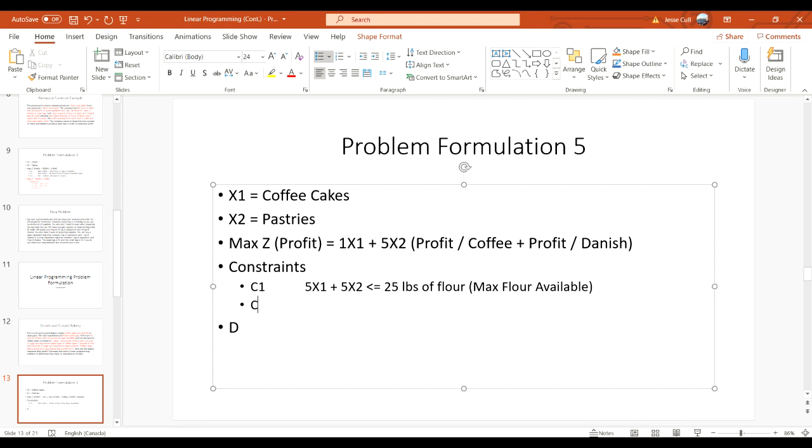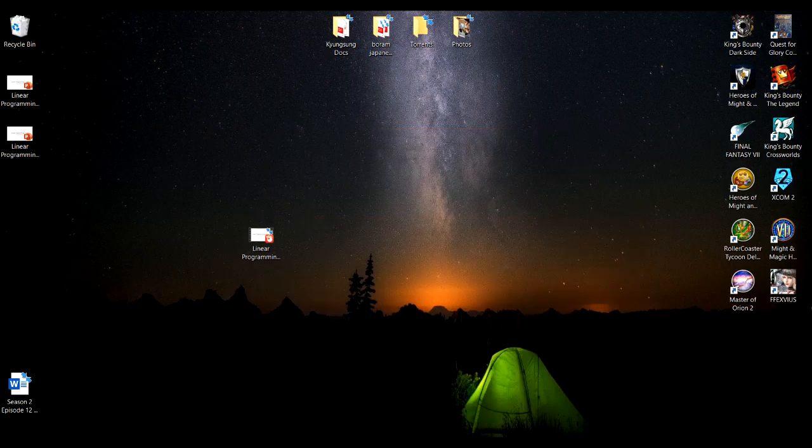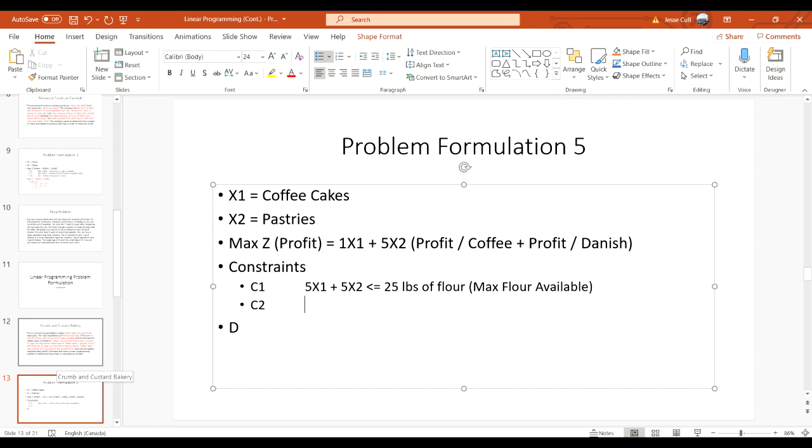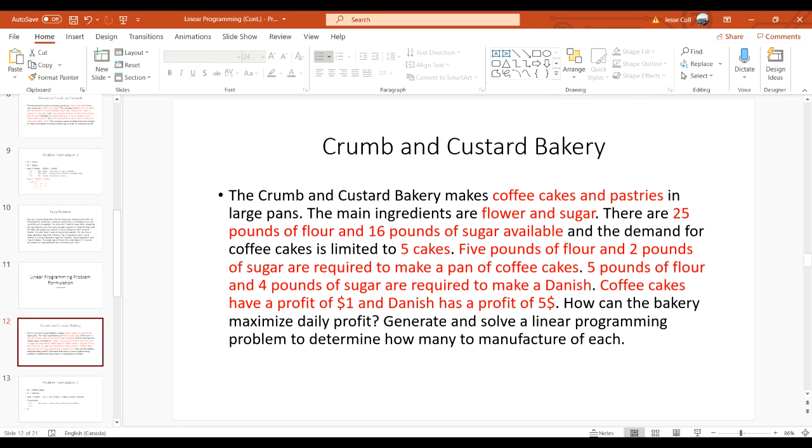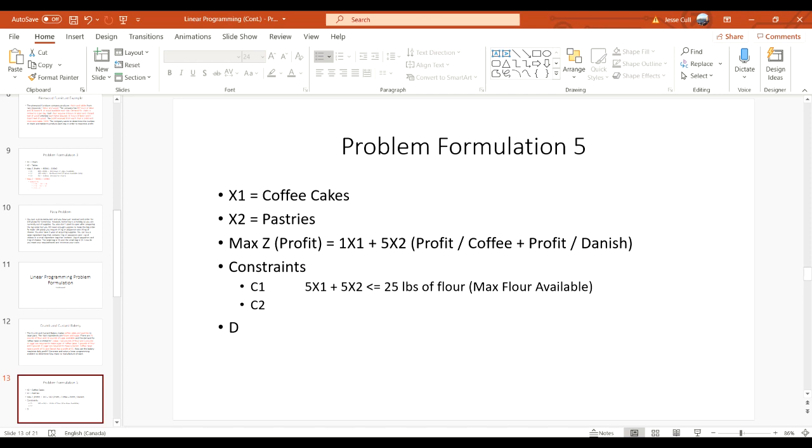We do the same thing for C2. We see we have 16 pounds of sugar available, so that becomes our maximum.